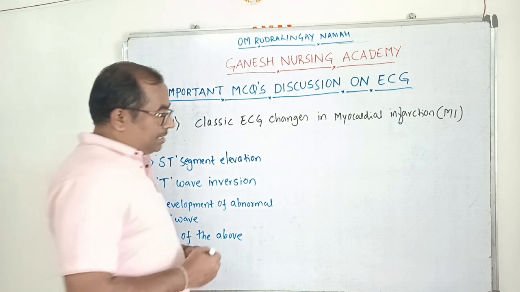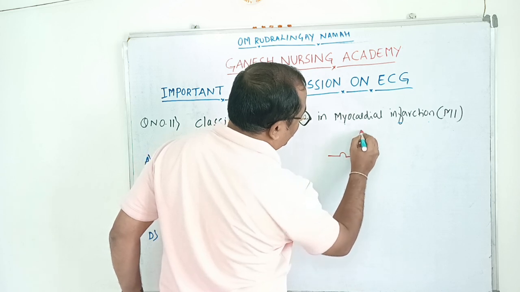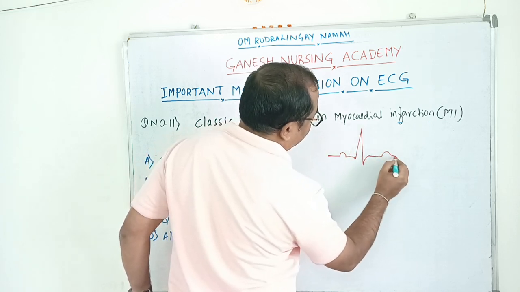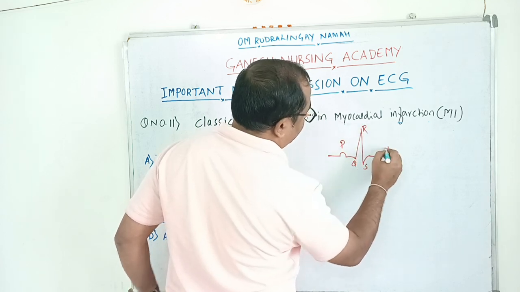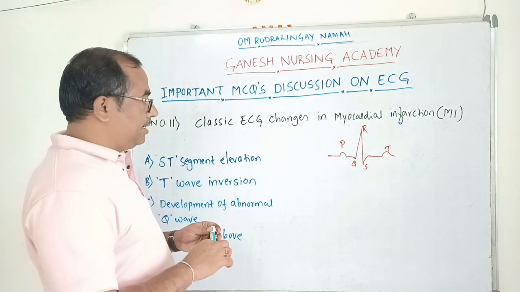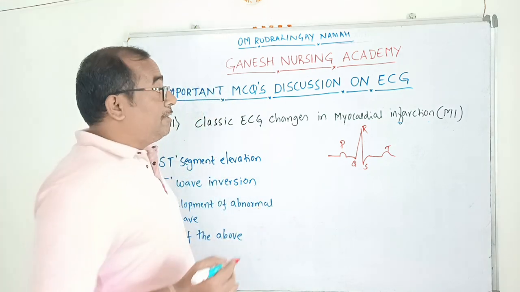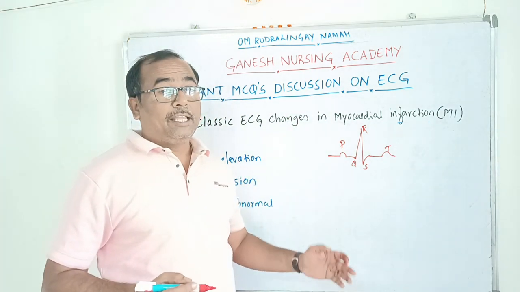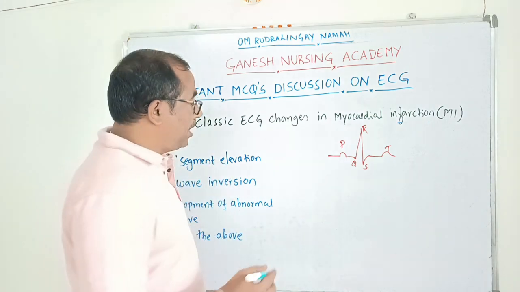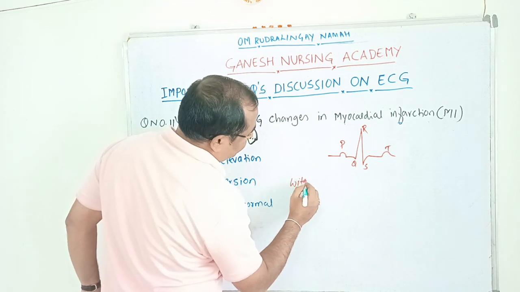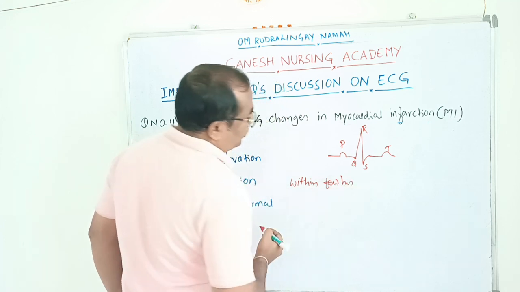First, let's see what a normal ECG is. This is a P wave, this is Q, R, S and T. This is a normal ECG. Whenever a person suffers from myocardial infarction, within a few hours after the myocardial infarction, what changes can you expect?